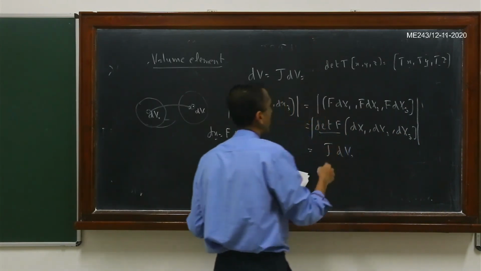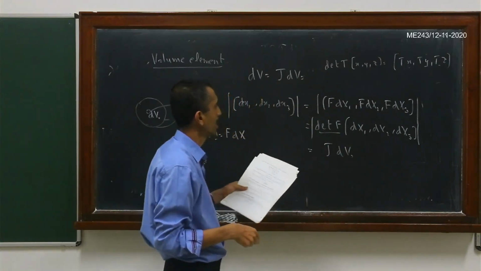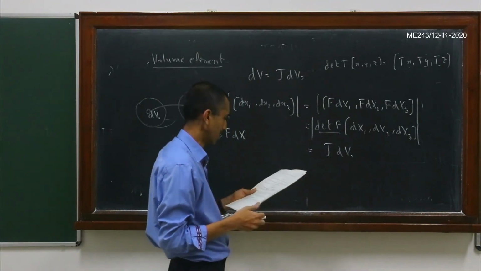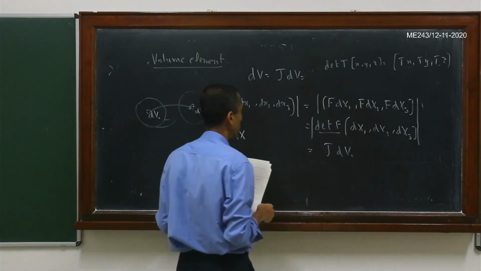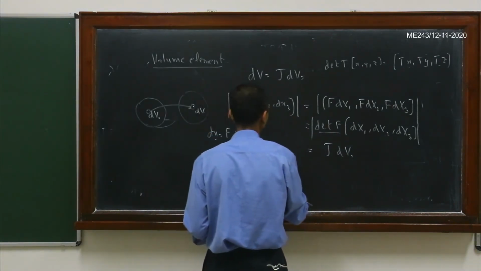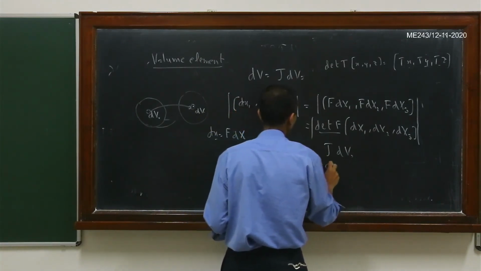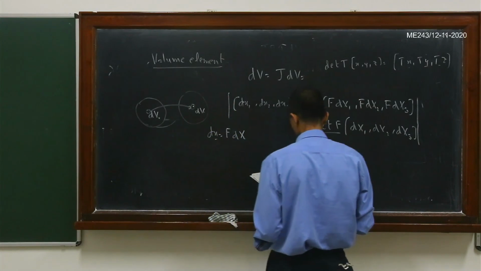We don't need the absolute sign now because we have assumed that determinant F is greater than 0. J is greater than 0 by the orientation preserving condition.